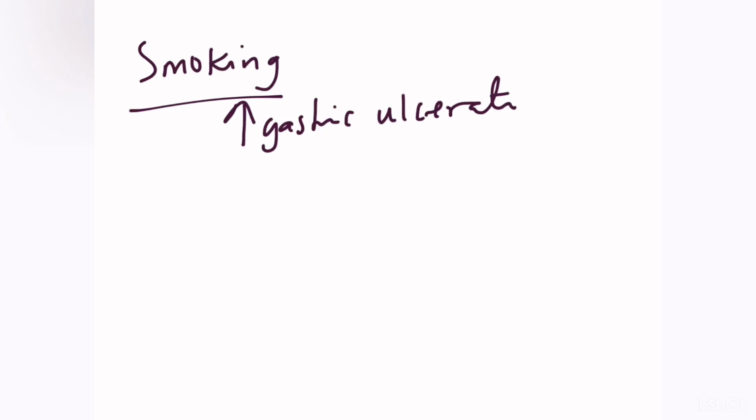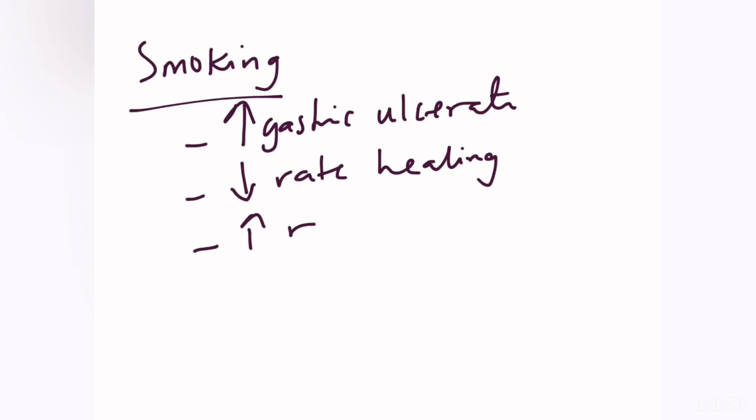It causes increased gastric ulceration and decreases the rate of healing, and increases recurrence. That is, if you are smoking and you had this disease before, it will increase your risk of developing the disease again.